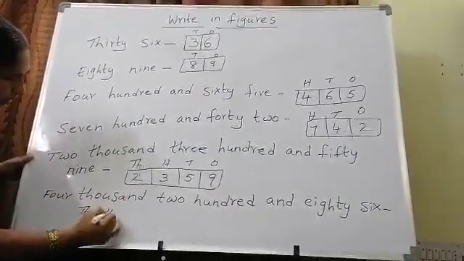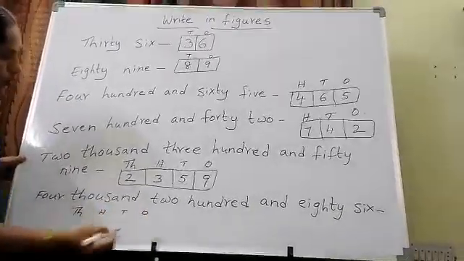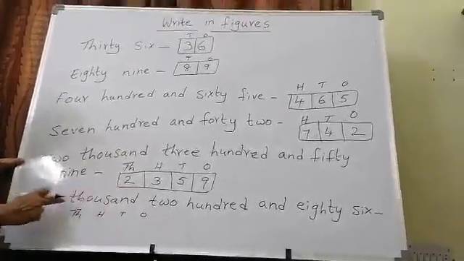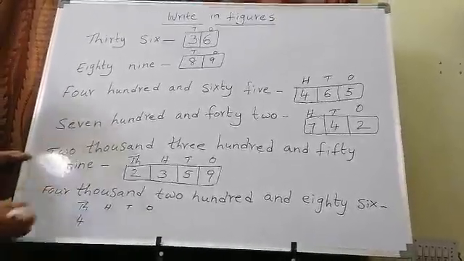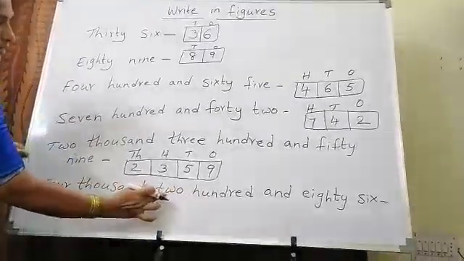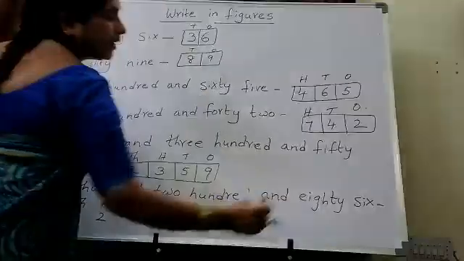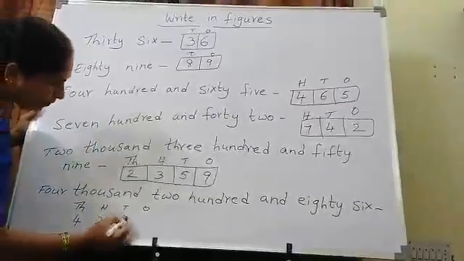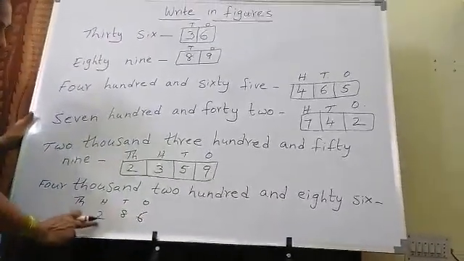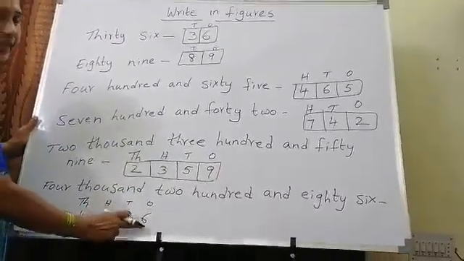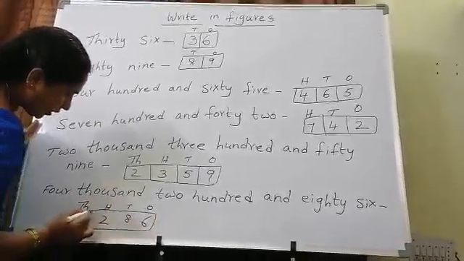Thousands, TH thousands, H hundreds, T tens, O ones. Which number is in thousands place? 4 is in thousands place, 4,000. And which number is in hundreds place? 2, 200. And 80, 8 tens, 80. And 6 ones. 4,286. So like this we have to write in figures.